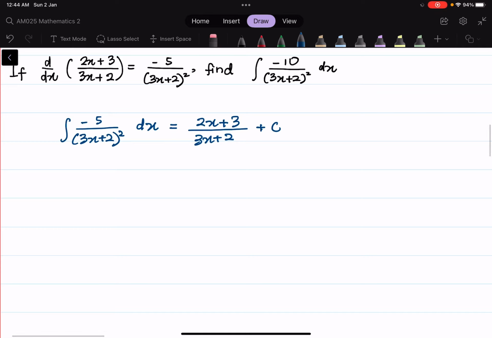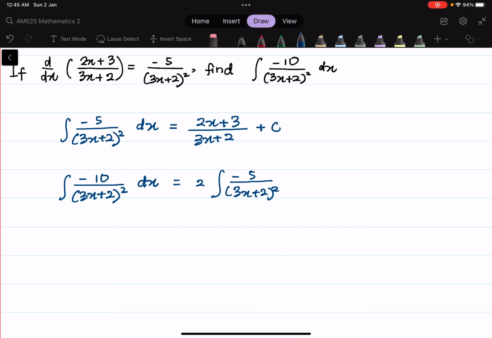So now we have -10 divided by (3x + 2)². So this is -5, this is -10, so it means 2 times -5/(3x + 2)².